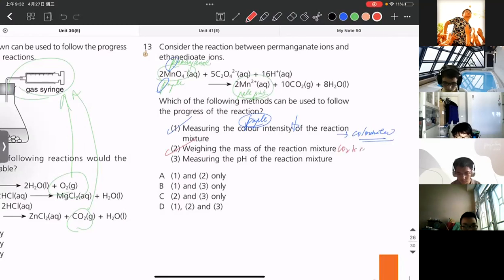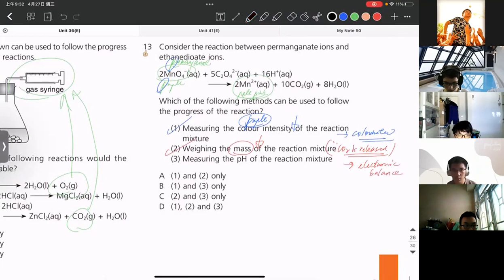So after the reaction, we don't have to calculate the mass of carbon dioxide gas. So what is the change of the mass over time? Decrease. Yep, decrease. So how would you measure the change in mass? Electronic balance. Yep, electronic balance.